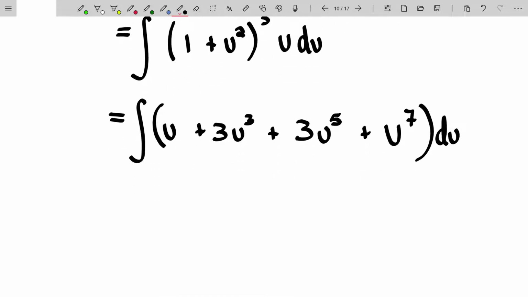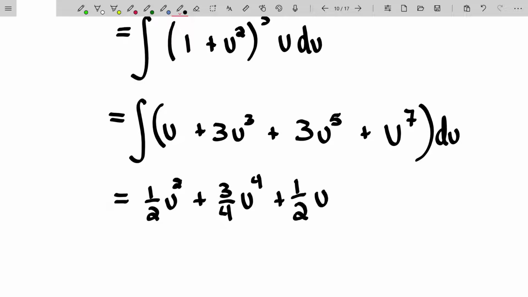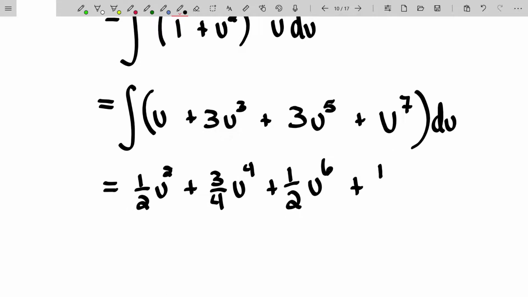And now you can take the antiderivative, right? Each of those, like the antiderivative of u is 1/2 of u squared. The antiderivative of 3u to the 3rd is 3/4 u to the 4th. The antiderivative of 3u to the 5th is 3/6, which is 1/2 u to the 6th. And the antiderivative of u to the 7th is 1/8 u to the 8th. And remember, you have a plus c.